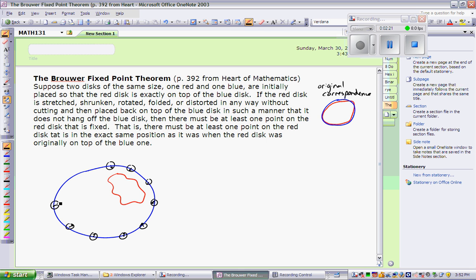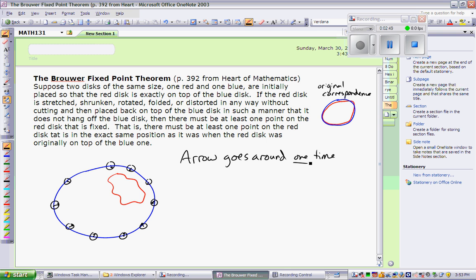So as I'm drawing, think about that. How many times is the arrow going around the compass? It starts out pointing at 5 o'clock, and then it's going clockwise, and it's going to get back to 5 o'clock. Alright, so the arrow goes around one time as the compass goes to every point on the edge of the blue disk.